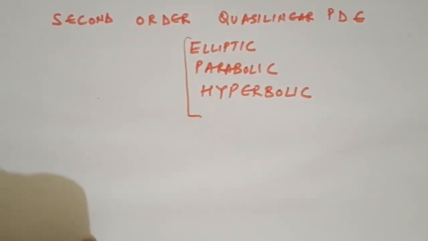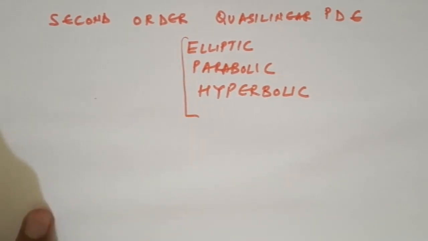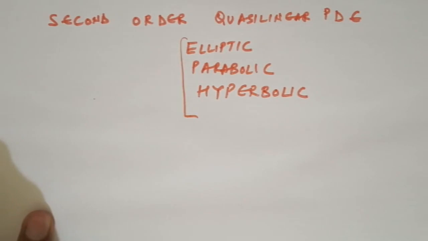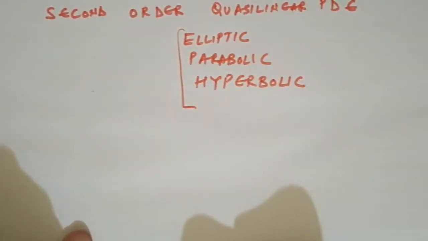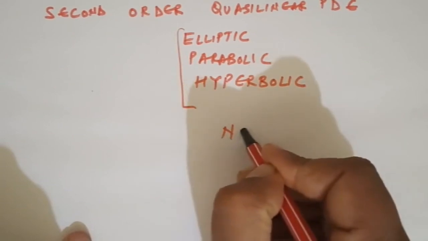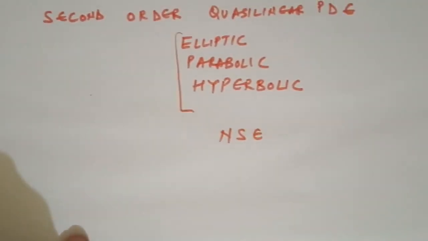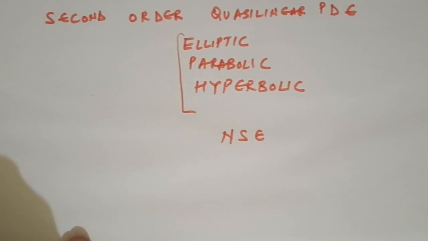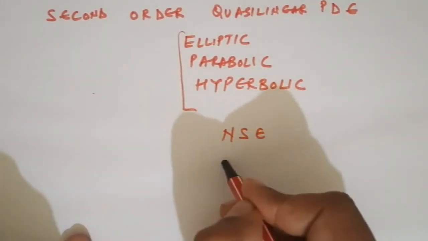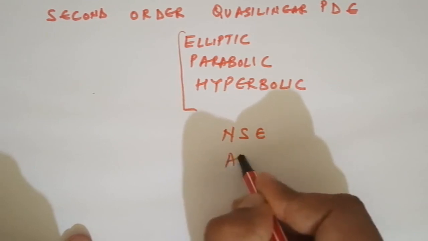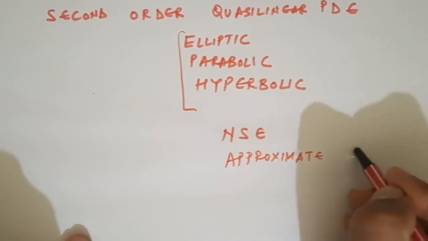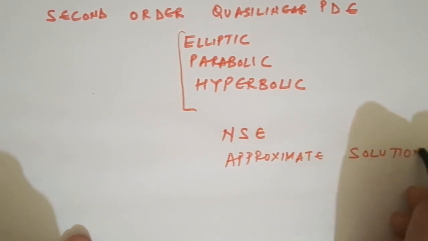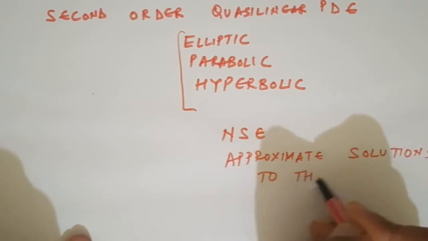But the fact that we don't have simple solutions, that we are not able to find analytical solutions for all complicated equations, for instance, we don't have complete analytical solutions for Navier-Stokes equations, so we resort to approximate solutions to these partial differential equations.